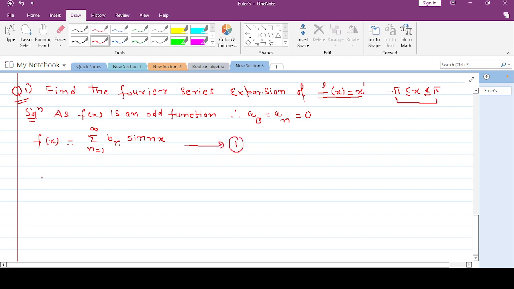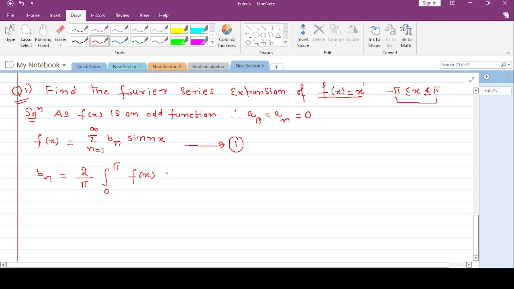Now we want to find the value of bn. So what is bn? bn is equal to 2 by pi integral 0 to pi f of x into sin nx dx. Okay, why are we doing it like this?